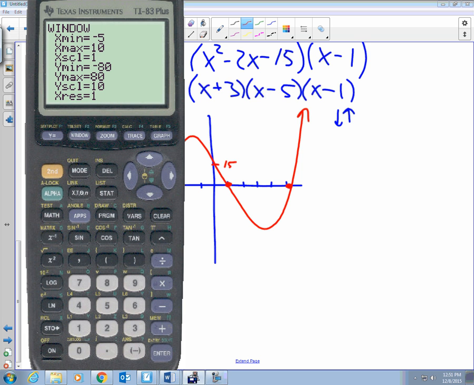And we'll see how accurate of a graph I get.